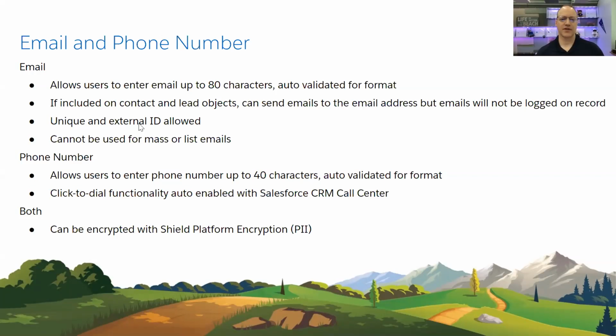Ask a question there, Lori, is that all right? Yeah. On that second bullet, the piece there that the email will not be logged on the record, is that referring to if I click on the email link itself once it's entered? No, I think it's saying it won't automatically relate. So say I have an email field on a contact, and then I send an email to that contact, it's not automatically going to relate that email to the contact.